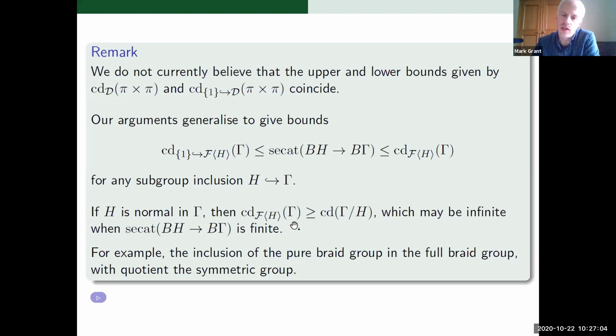So if you have a normal subgroup inclusion where the quotient is finite, such as the pure braid group in the full braid group, which comes up in the Smale-Vassiliev work, where they're calculating the sectional category of the map from the ordered configuration space to the unordered, you can have that this guy is finite because B gamma is finite dimensional, and this guy is infinite. So for these reasons, I think, we're unlucky that the diagonal subgroup is not normal, but if it were, we wouldn't expect these two bounds to be the same.